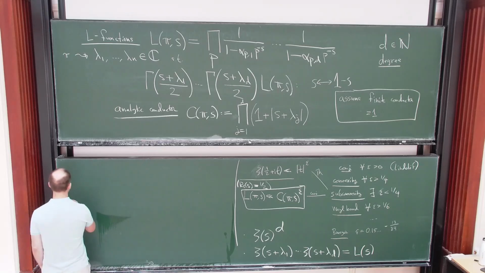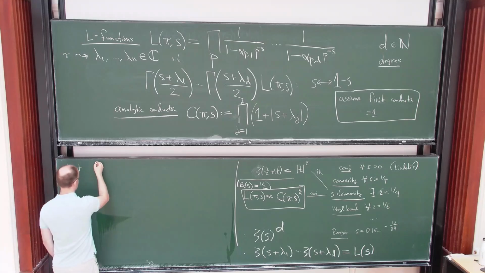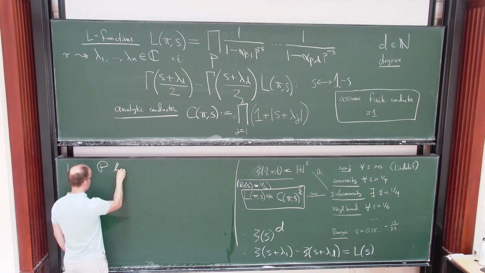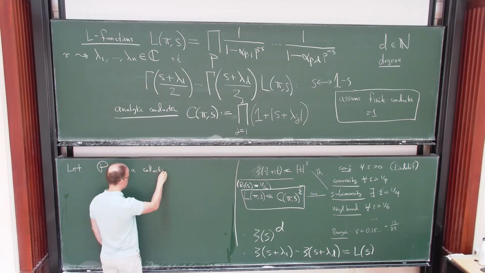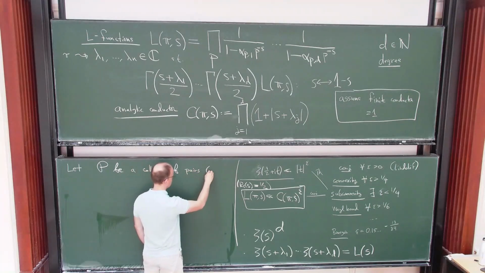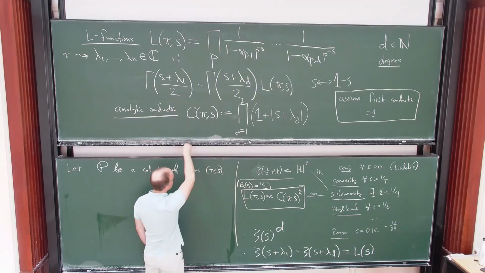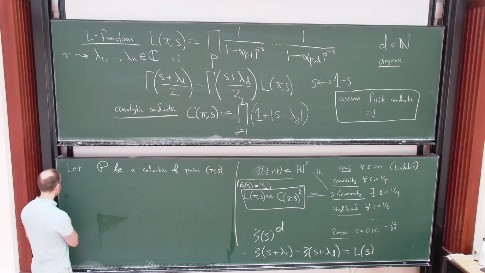So, for example, I'll use the notation P to be a collection of pairs, let's say pi, s, as on this board here. So the real part of s is a half, and pi is some object we can attach an L-function to.